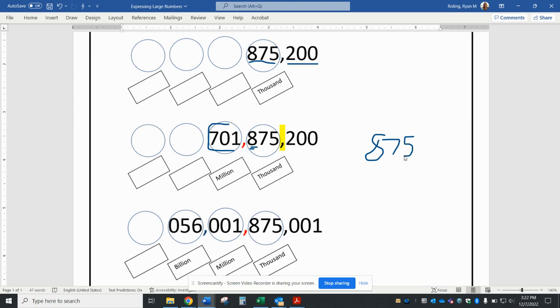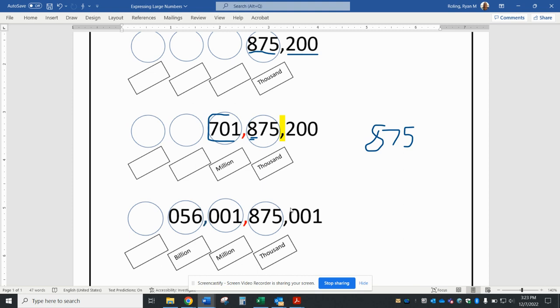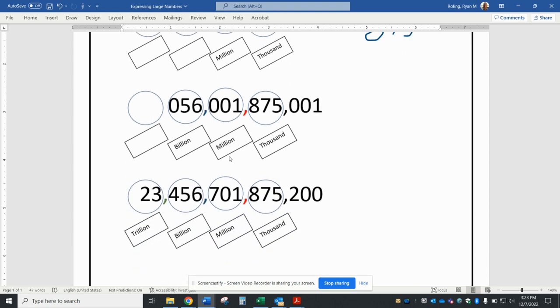But if I'm dealing with numbers with commas, I have to say the word hundred. So 875,000. In this case, one more time, 701,875,200.